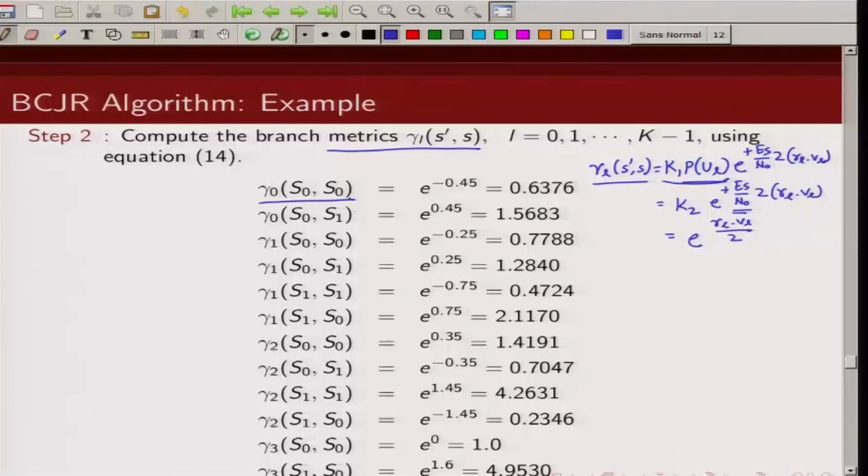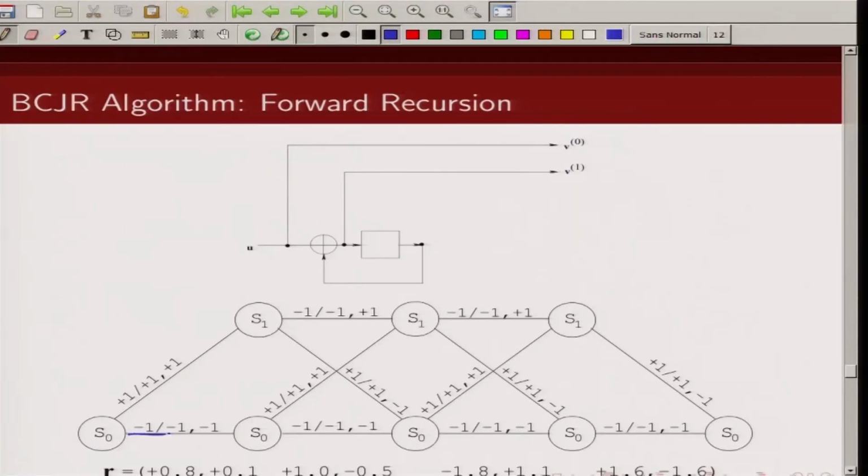Let us take this gamma at time t equal to 0 when the initial state is S0 and final state is S0. So, what is this? This corresponds to the branch metric for this path, at time t equal to 0, initial state S0, final state S0. Now, what is RL, the received sequence corresponding to this trellis section? The received sequence is given by this: plus 0.8 and plus 0.1. Now, what is the VL corresponding to this transition?